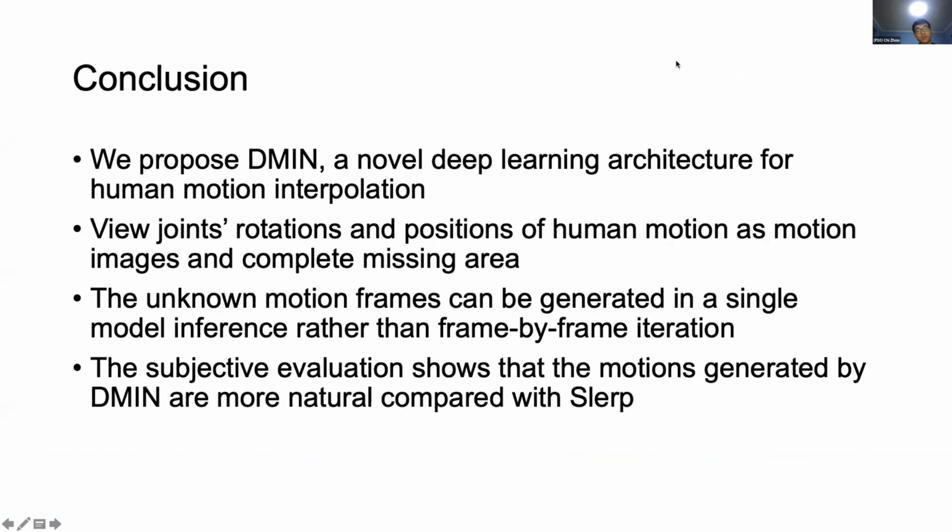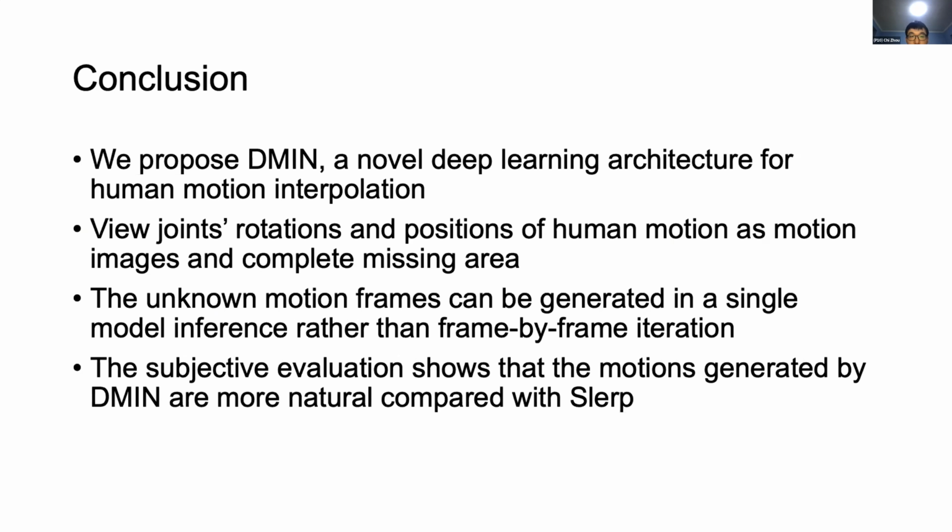And that's the network we proposed. It is a deep learning architecture for human motion interpolation. We view joint rotations and positions of human motion as motion images and complete the missing area.